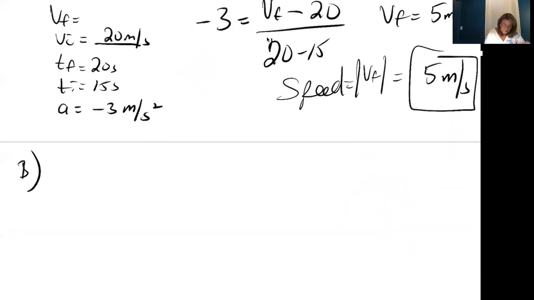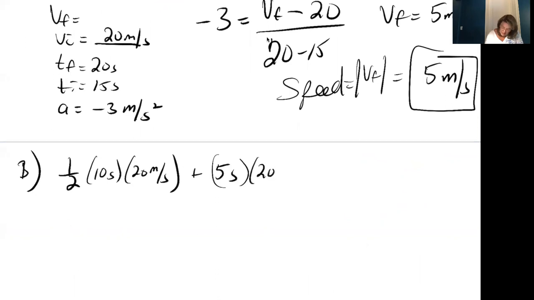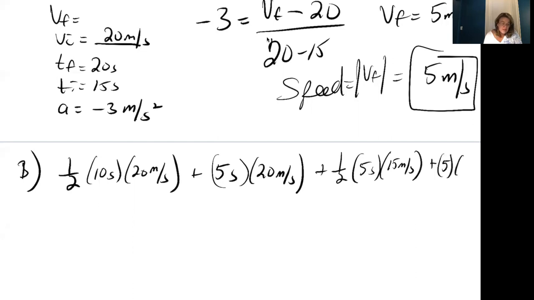So this is B, and the areas are 10 seconds times the height plus 5 seconds times the base, sorry, base times height, plus the next triangle, which is 5 seconds times 15 meters per second, plus the next little teeny rectangle, which was 5 times 5. I ran out of space, so my units are getting squeezed.